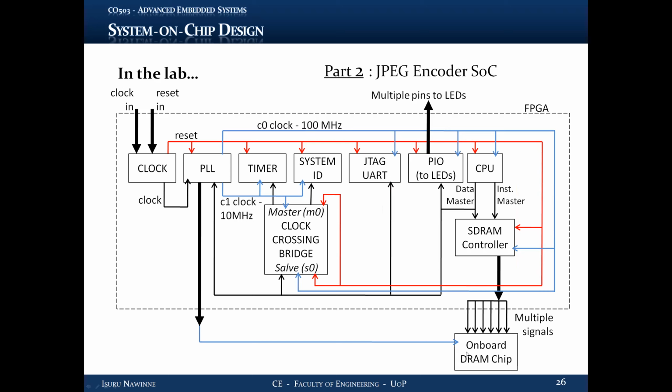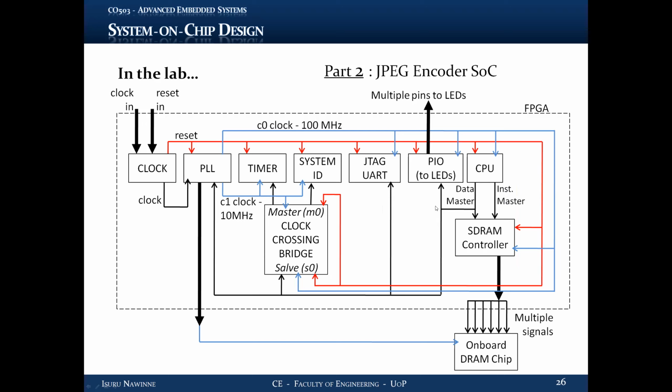So this is on the evaluation board, not on the FPGA chip. In order to access the onboard DRAM chip, you need to have the DRAM controller on the FPGA chip. The DRAM controller is the protocol interface between your CPU and the actual DRAM memory bank.